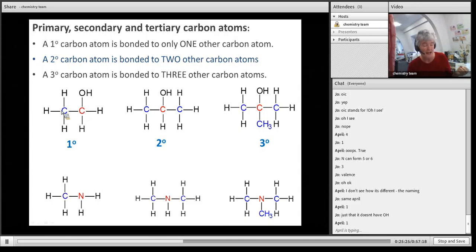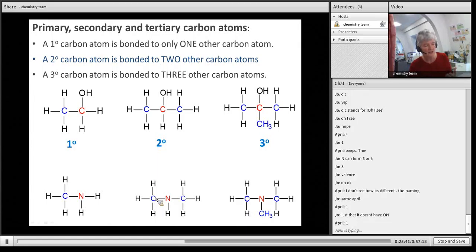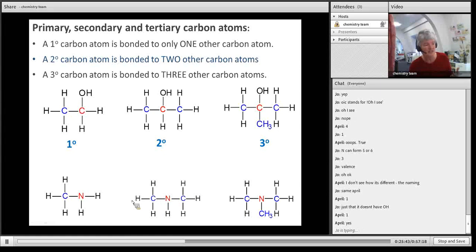With an amine, I don't look at the carbon. If I look here, I can't say this carbon's not attached to any other one, so this one's primary. Do you follow? With the amines, I don't look at the carbons and see how many other carbons it's been attached to. I just simply look at the nitrogen.